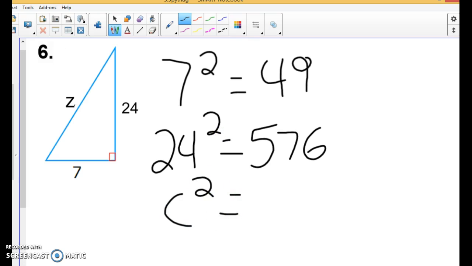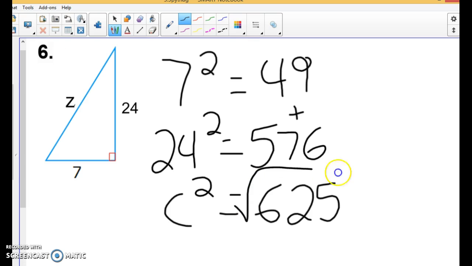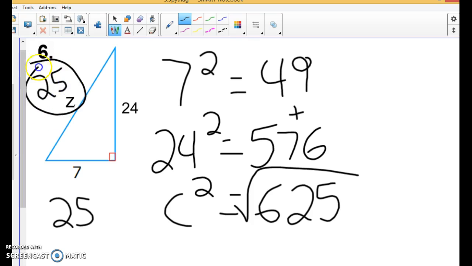Those two together give me 625. So going back to what we did yesterday, I need to figure out what number times itself equals 625. That means I take the square root of 625, which is 25. So I know 25 is going to be my z.